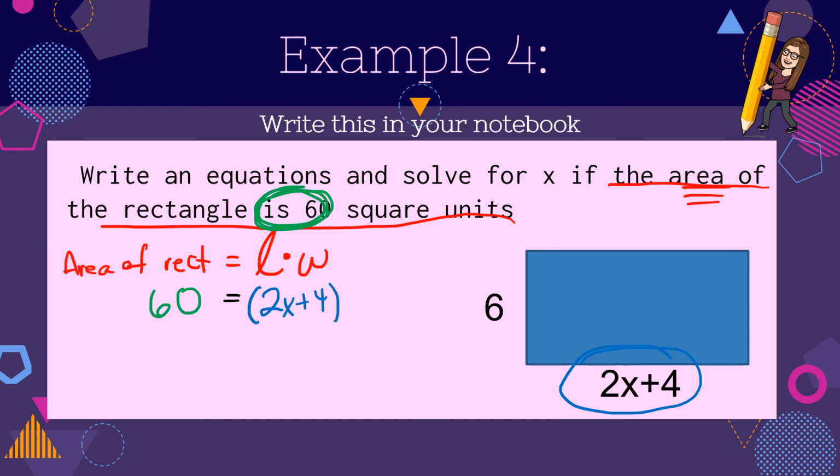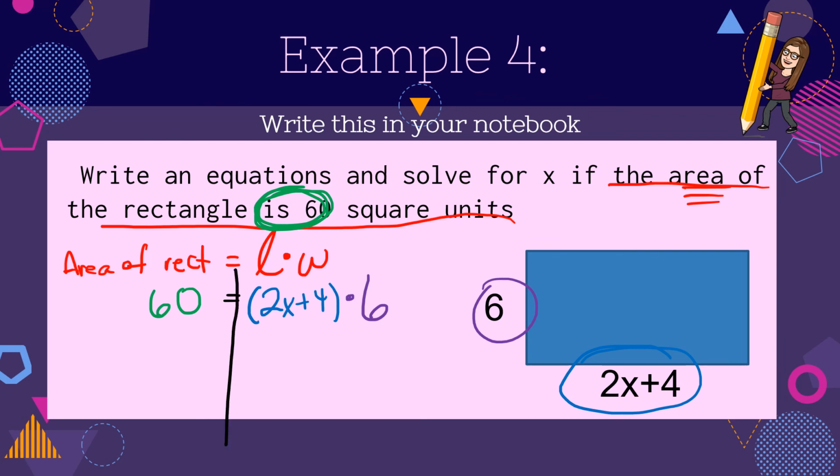The whole thing is the length. And then it says times the width. Well, I've got a width of 6. Now, if you flipped those two around, you'd get the same thing. Multiplication's commutative. That's the toughest part of this problem, because now we're just dealing with a regular equation.